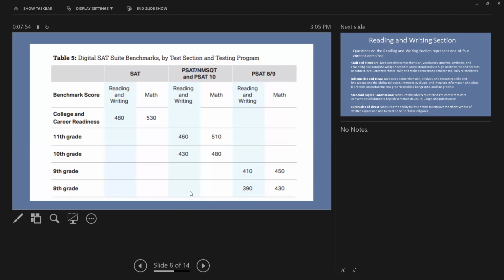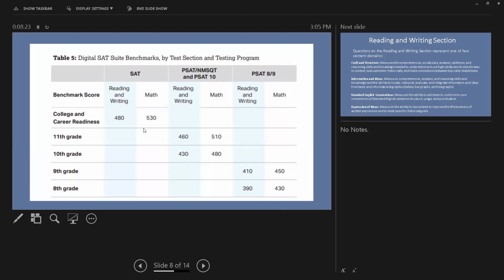In grade 8, usually your target score in reading and writing is 390, and in maths, your target score is 430. Likewise, for ninth grade, you need a bit more. For 10th grade, you need a bit more. For 11th grade, you need a bit more. As the grade moves to the next, the score requirement is also increasing.